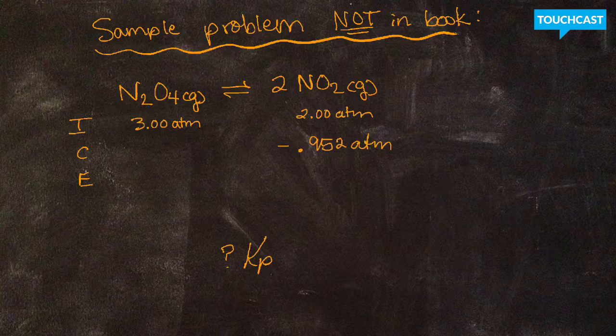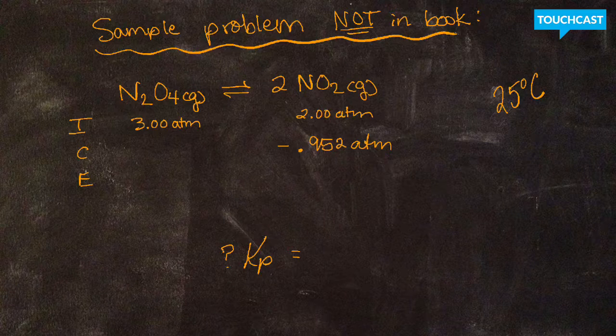And then I tell you that we're going to reach an equilibrium, and the equilibrium is established at 25 degrees Celsius. And we take note at that equilibrium that the nitrogen dioxide's pressure has dropped by 0.952 atmospheres. I want you guys to solve for K sub P.